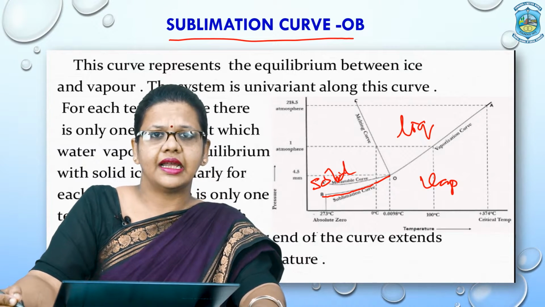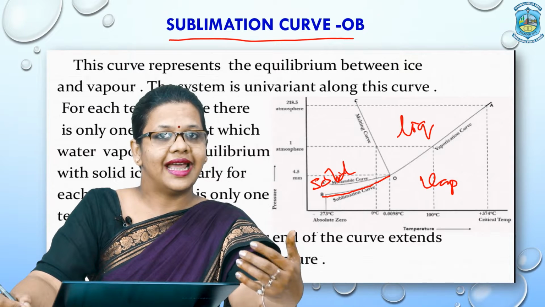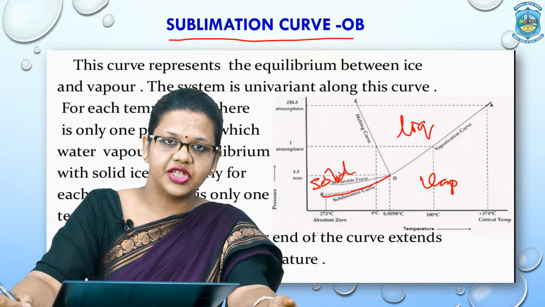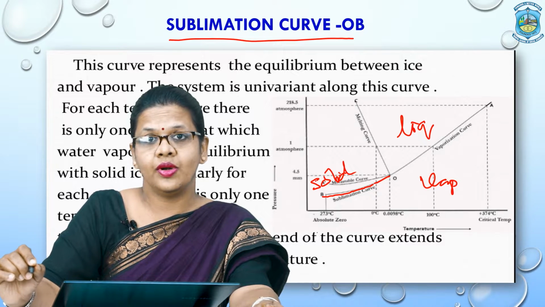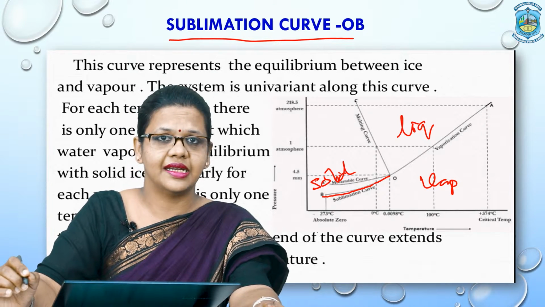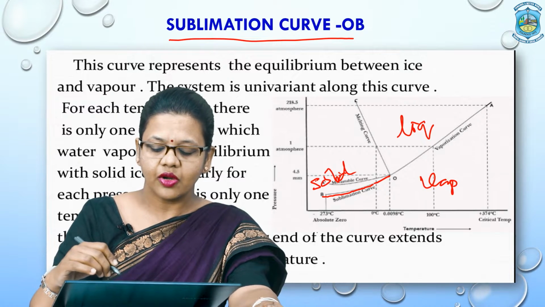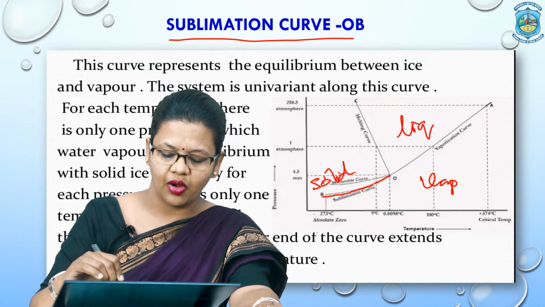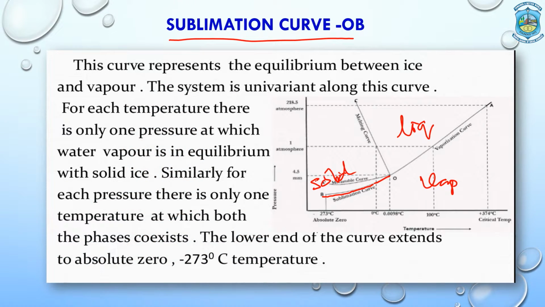As we know, any solid which, when heated, directly gets converted into the gaseous state without being converted into the liquid state is known as a sublimable solid, and this phenomenon is known as sublimation. So, since here we are correlating the transition of a solid and a gaseous phase, this curve has been given the name sublimation curve.